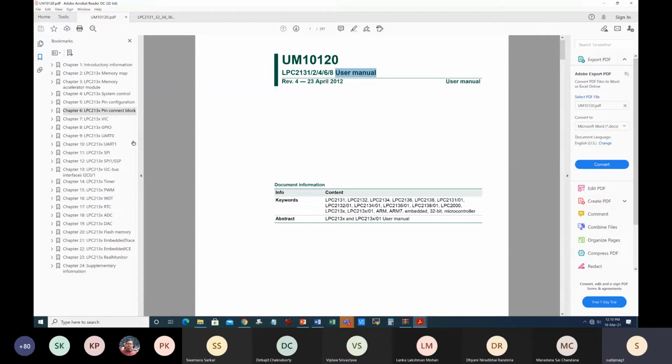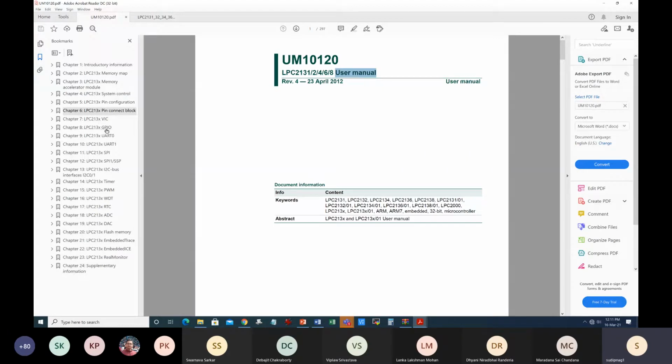If you study this manual, you will be able to access almost every part of this microcontroller which is meant for manipulation by programmers through code or connections. In the user manual, we will only look at the portions today which are relevant to GPIO communication, that is, general purpose input output communication.